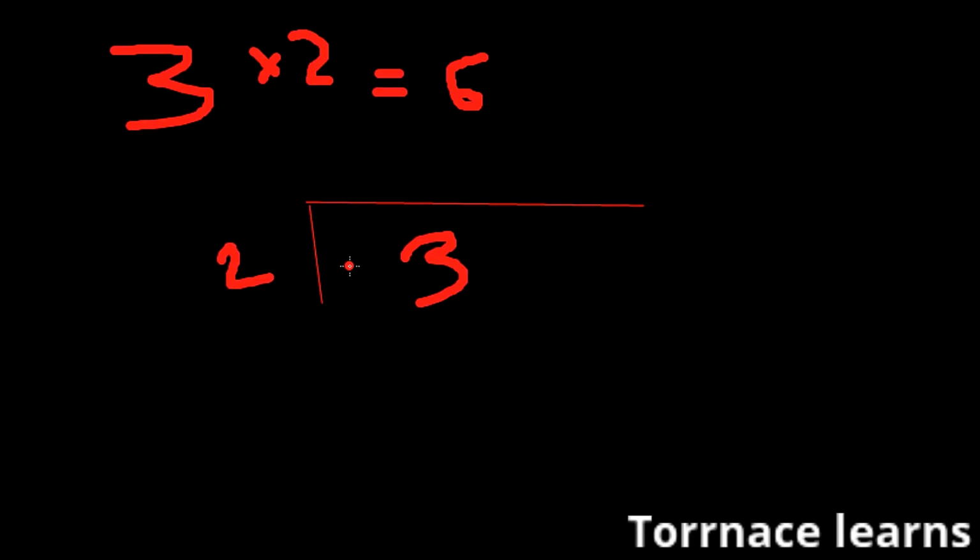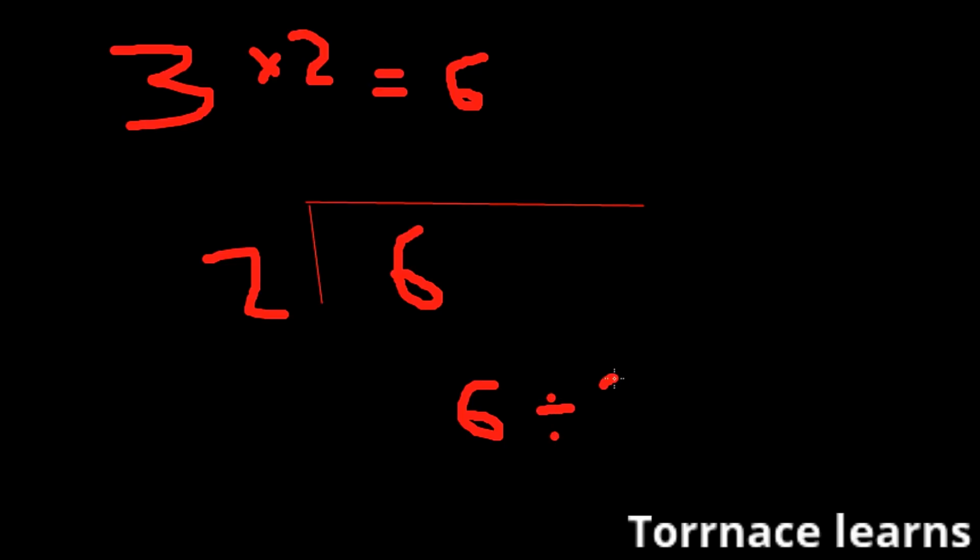I mean, no, that doesn't work that way. We're going to put the 6 right here, and the 2 right here. And this is rather confusing at the very beginning, but let me show you the different ways of writing this. So this is 6 divided by 2.